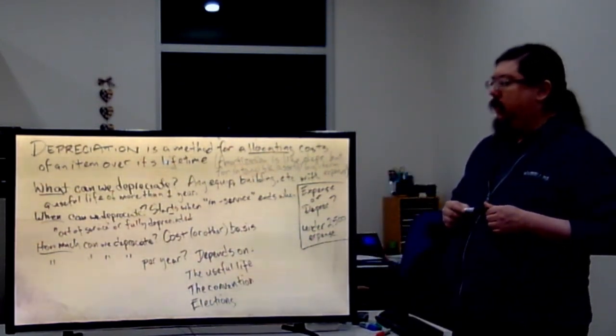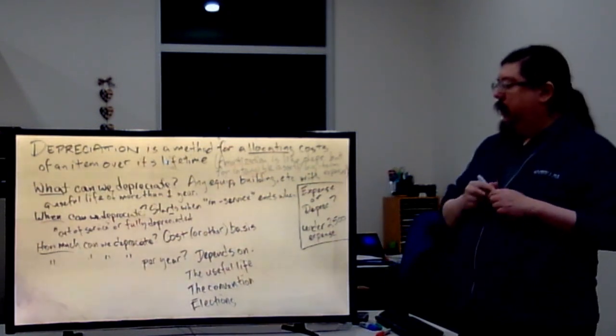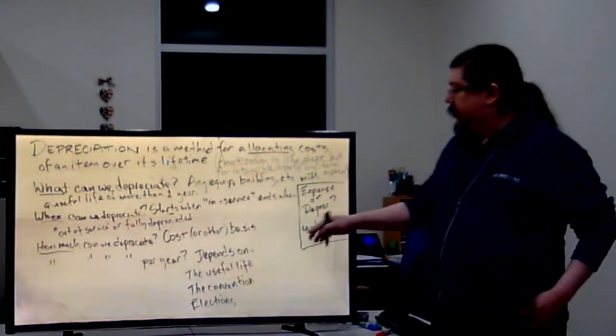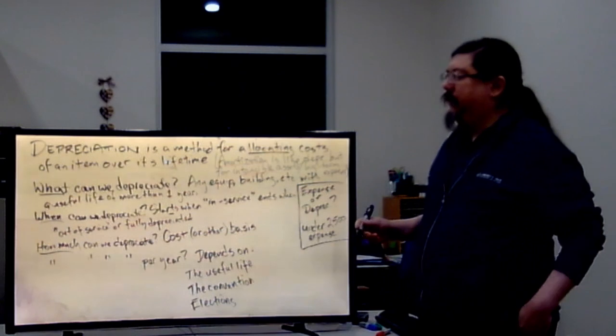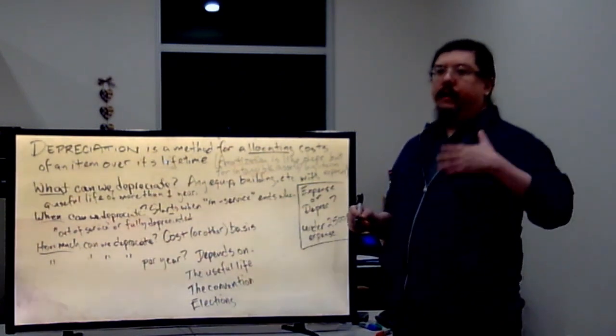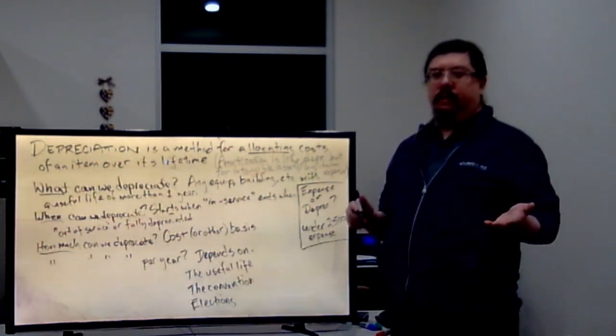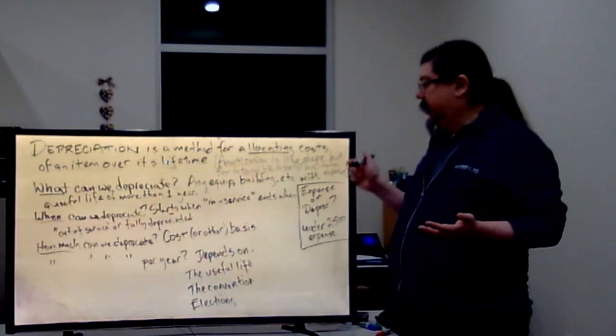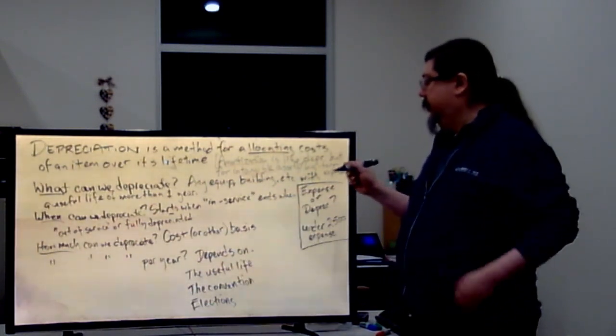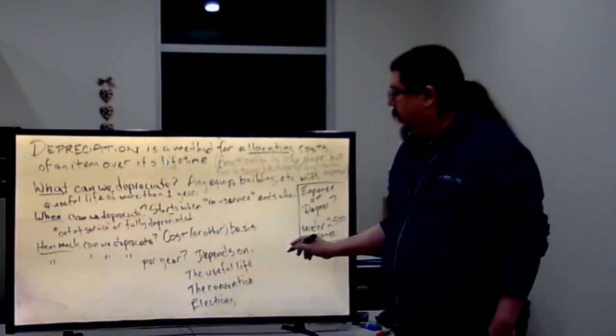What's the convention? I've never heard of that before. The convention, so the useful life, let's go through each of these. The useful life is how many years is it going to be useful? And I guess there's a fourth one, method, but I'll leave that off.